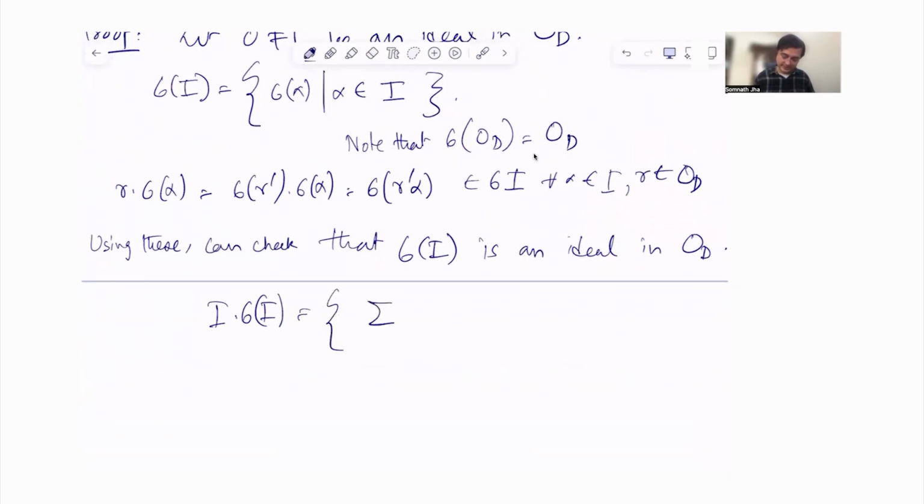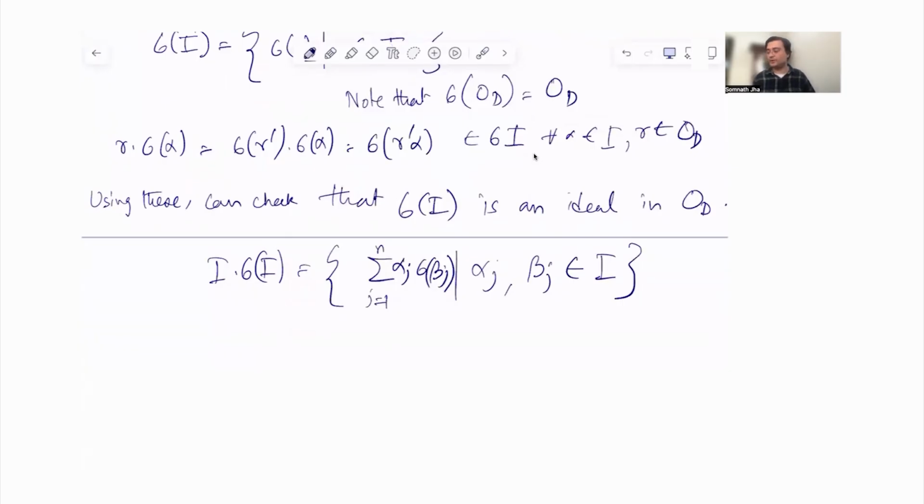Recall that the product I times sigma I is the set of finite sums of alpha_j times sigma of beta_j, where alpha_j, beta_j belong to I, j equal to 1 to n, and n varies.